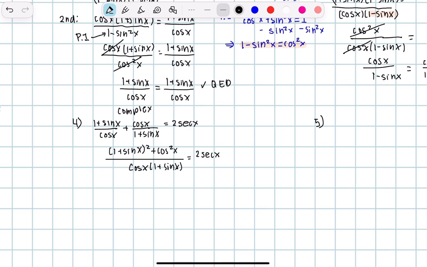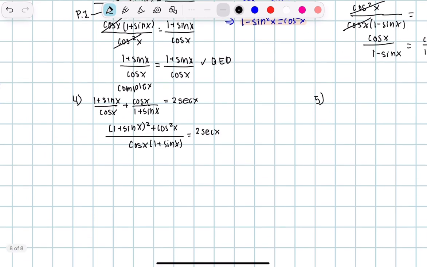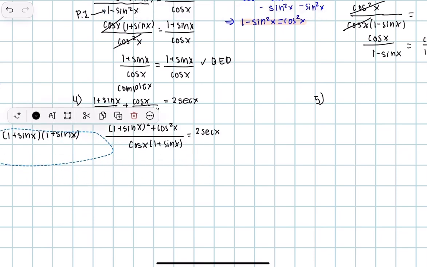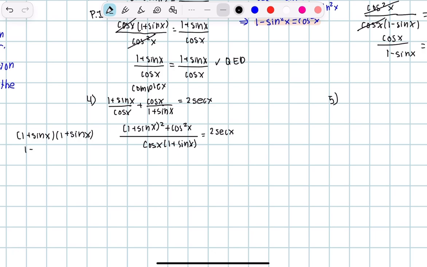Now we expand and simplify the numerator. So let's just FOIL 1 plus sine x. Write this off to the side. From FOILing it you get 1 plus 2 sine x plus sine squared x. And the numerator, that's just going to be 1.